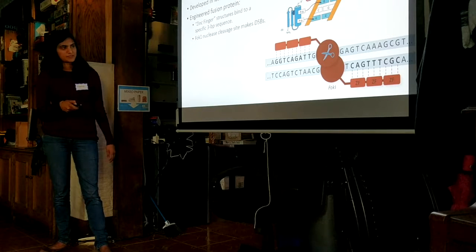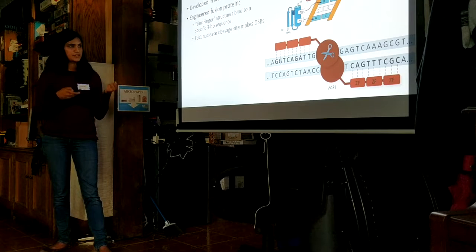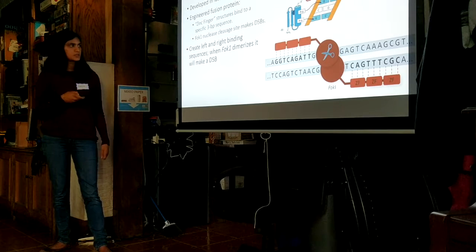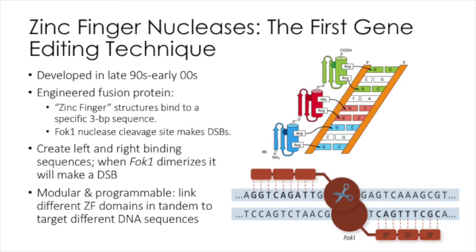And then you have another version of that which will bind to the downstream, to the right sequence of the place you want to make the cut. And it's also bound to part of the FokI nuclease. And the FokI nuclease requires being a dimer. It requires both halves being there to make a cut. So if you have both of these, when they both bind to 2 parts of the DNA, that cut will be made right there.